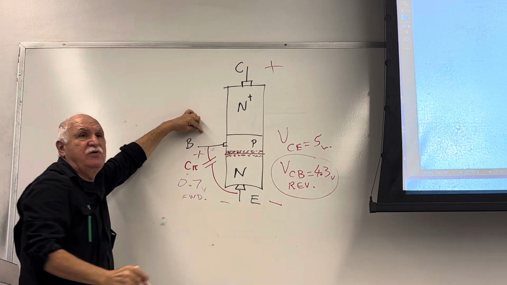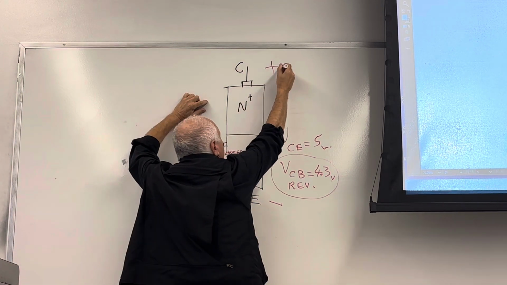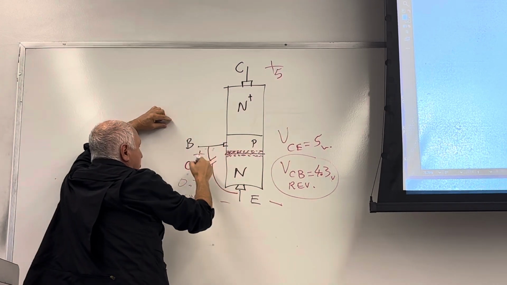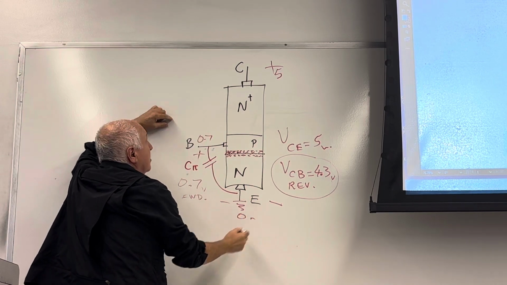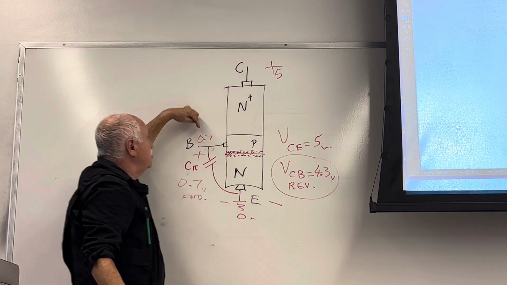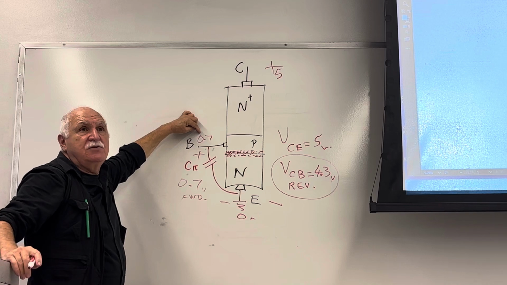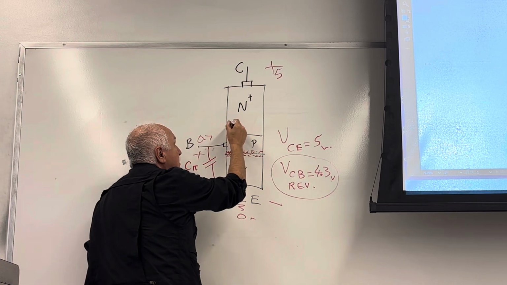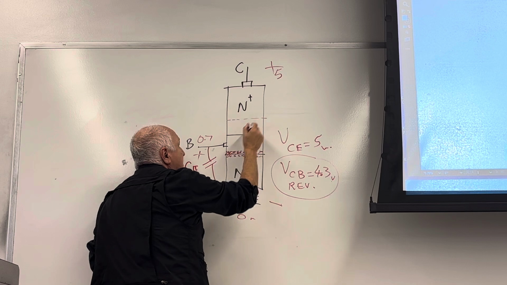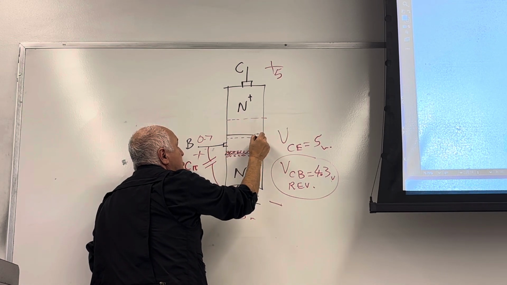This junction will be reversed. If this is 5, that is 0.7, and this is 0. 5 is positive with respect to 0.7, isn't that right? So the top junction, which is another NP, will have a depletion layer which is much wider.